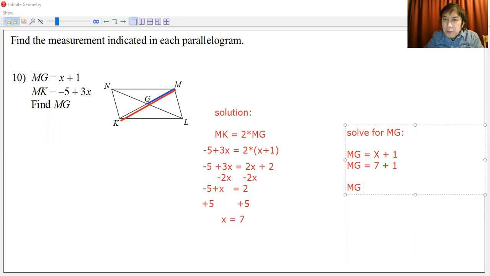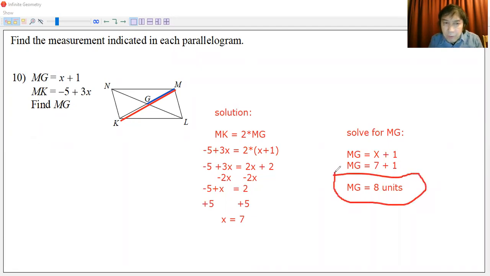That means mg is equal to 8 units. This is our answer. We can verify the answer from the computer. It's 8.